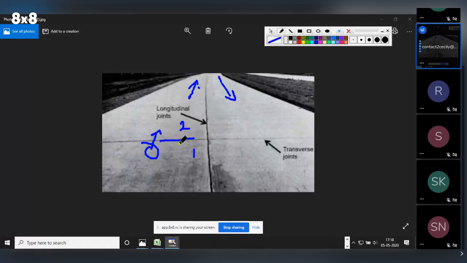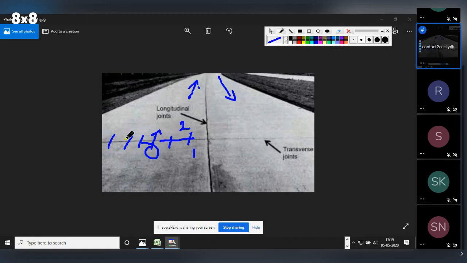In order to reduce that deflection, some reinforcement is provided along this transverse joint. At certain spacing we provide some reinforcement at the joint, not throughout the slab, only at the joint.